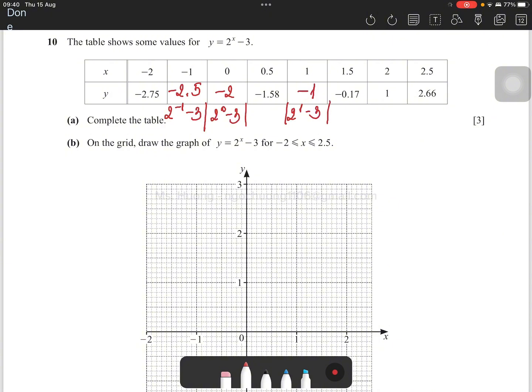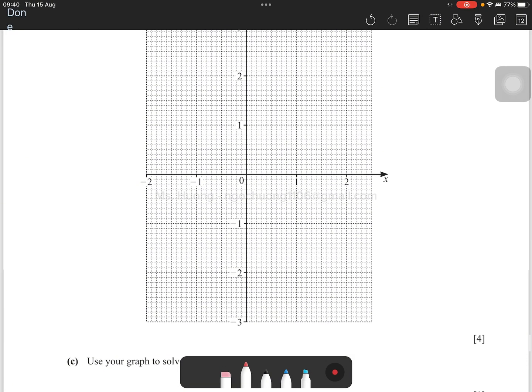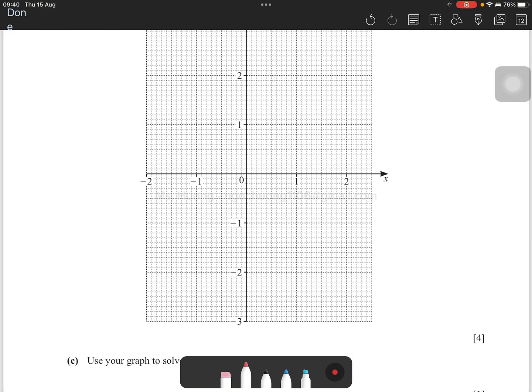Now on the grid, we will draw the graph. So we'll plot these points on the graph. The first point, negative 2, negative 2.75. Here it is. The second point, negative 1, negative 2.5. Next point, 0, negative 2. 0.5, negative 1.58.